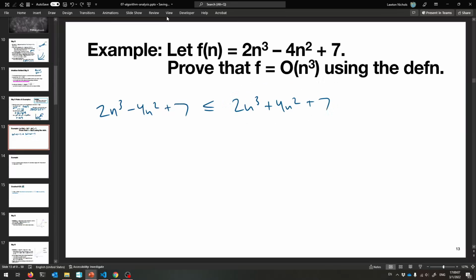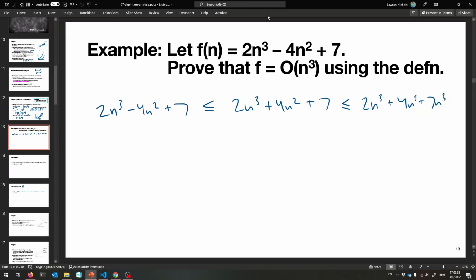And then let's find a bigger function than this. What if, and that looks more like this one that I'm trying to find a constant factor for and an n naught for, what about this? Let's keep this n cubed. Let's change this to n cubed. And let's also put an n cubed next to the 7. Yeah? 2n cubed plus 4n cubed plus 7n cubed. You see how that's a bigger function usually?